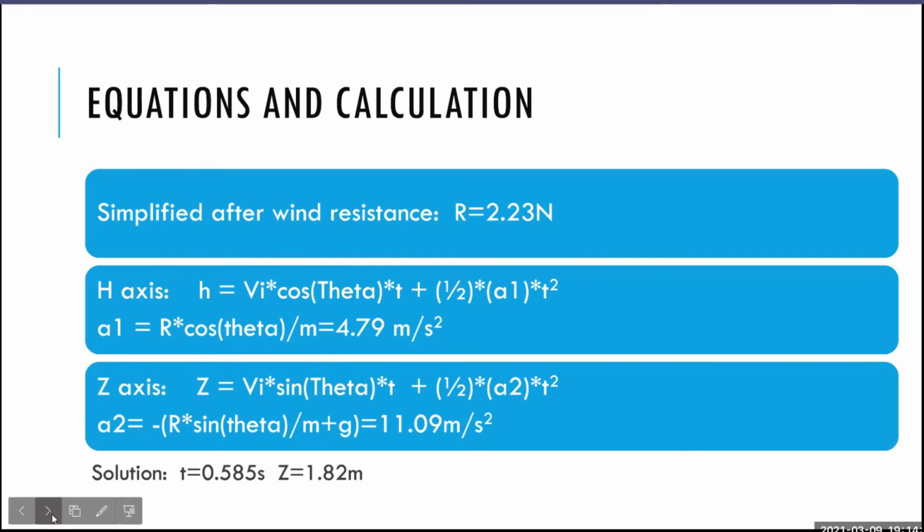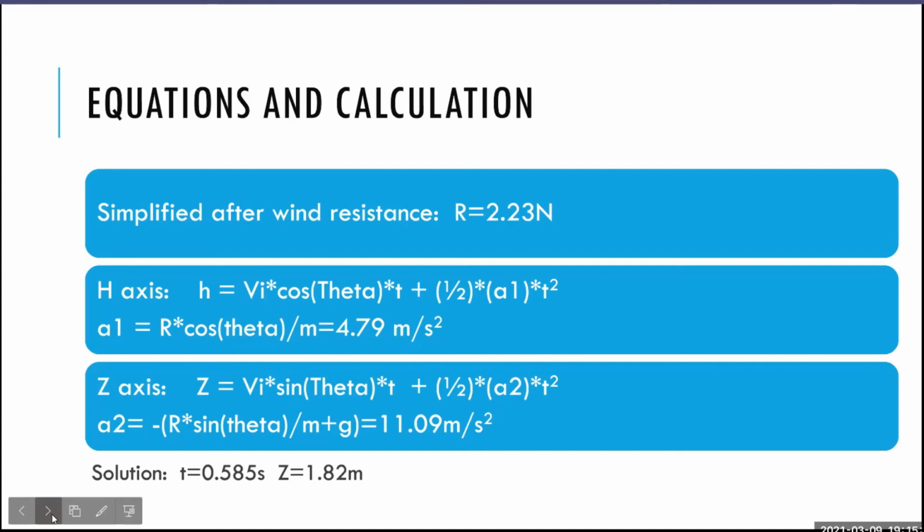So we get equation 1, in the middle of this picture, and we can get acceleration 1 along the h-axis. For the z-axis, we know that the ball has air resistance and its own gravity, so we can get acceleration 2.